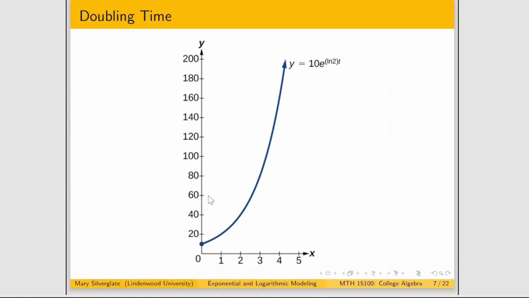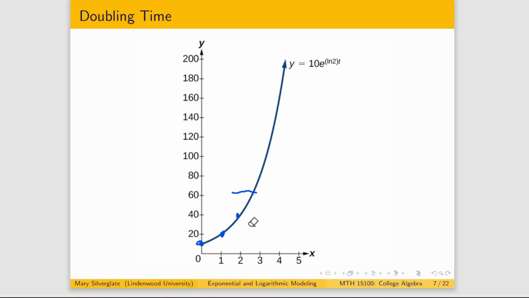And that is exactly what this model looks like here. So it's doubling every single hour. After 1 hour, it's got 20. It started with 10. After 2 hours, it's 40.